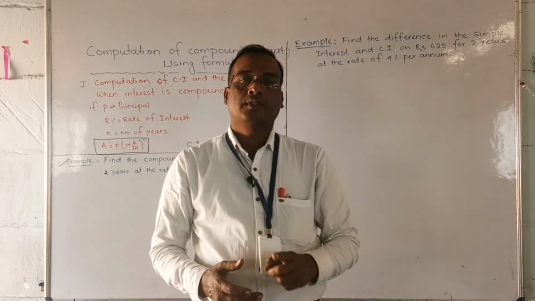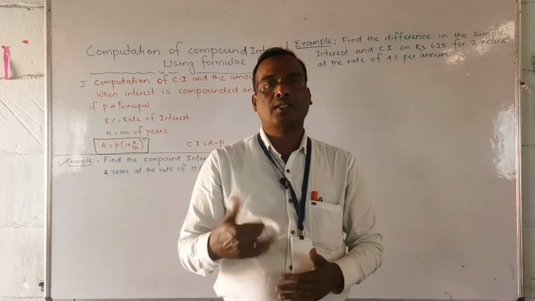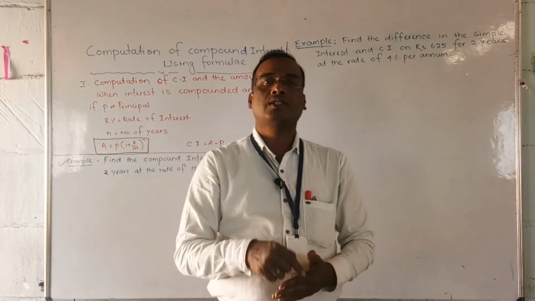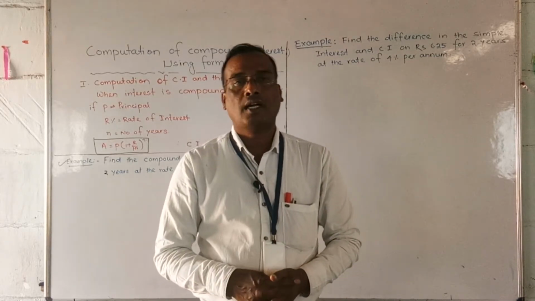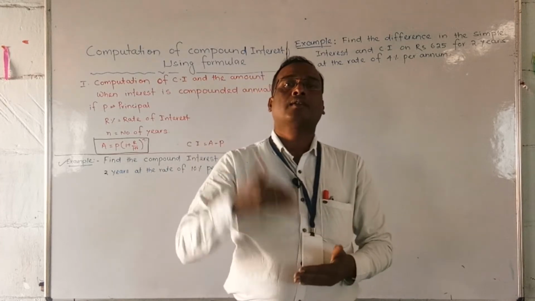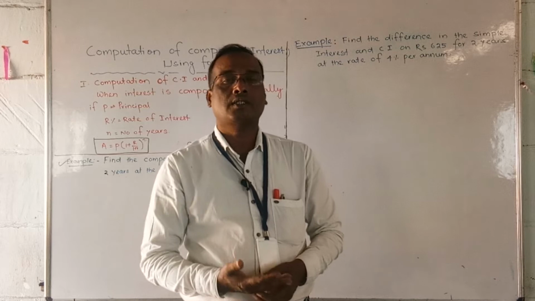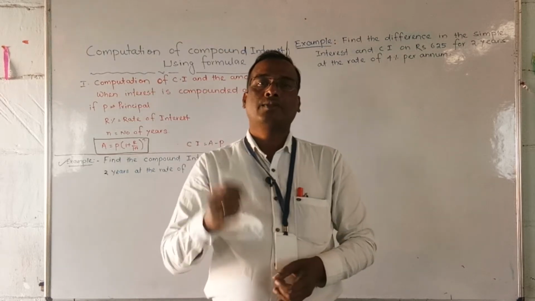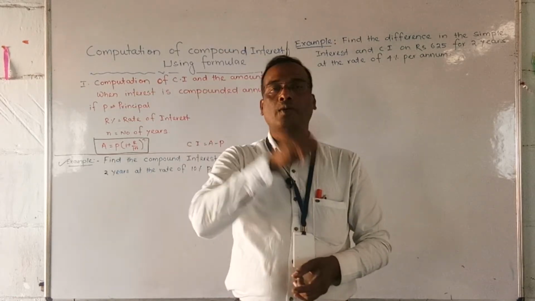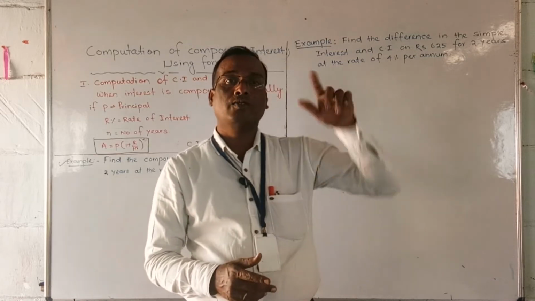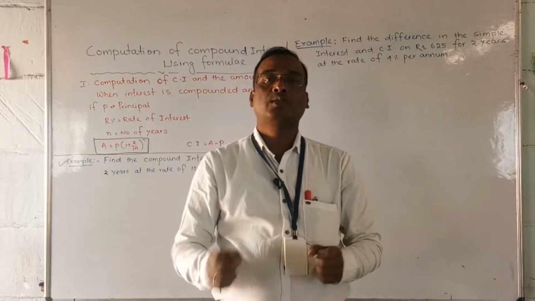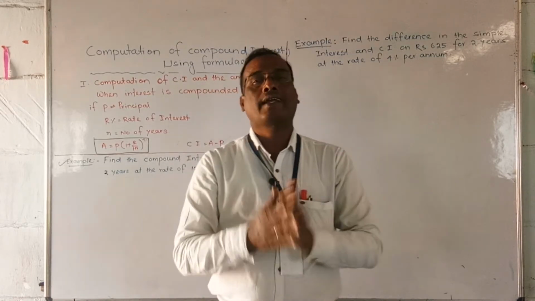Again we find the second year's interest and add it to that principal, and that amount becomes the principal of the third year. Finally, if we subtract the original principal from the final amount, we get the compound interest.